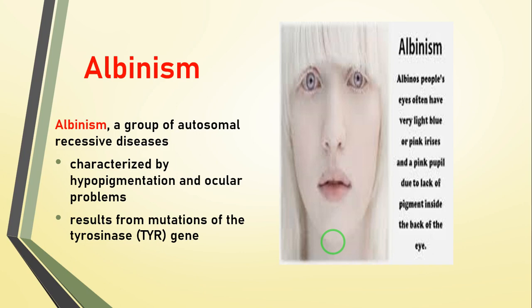So albinism is an autosomal recessive disorder. It is one of the diseases that result from mutation in the tyrosinase enzyme, which is a key enzyme in melanogenesis, and there will be hypopigmentation of the skin and the hair and ocular problems with blue eyes, a pinkish iris and a pink pupil.